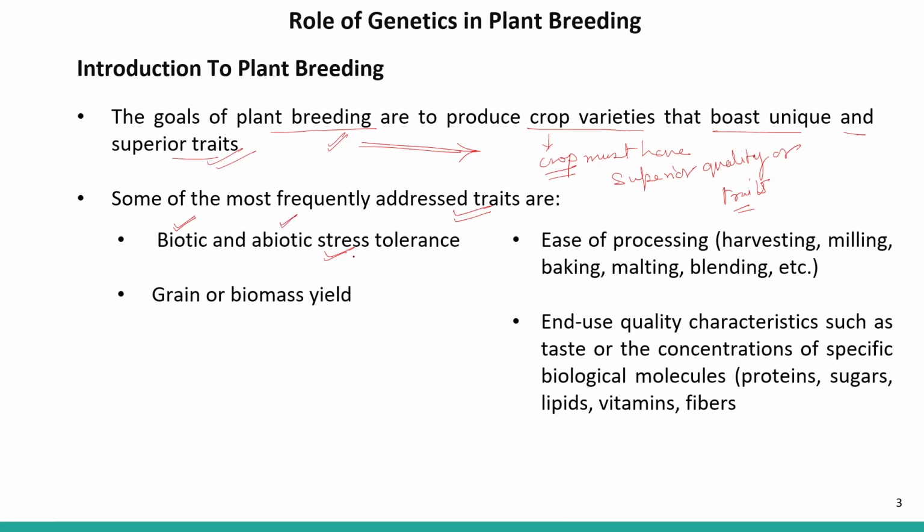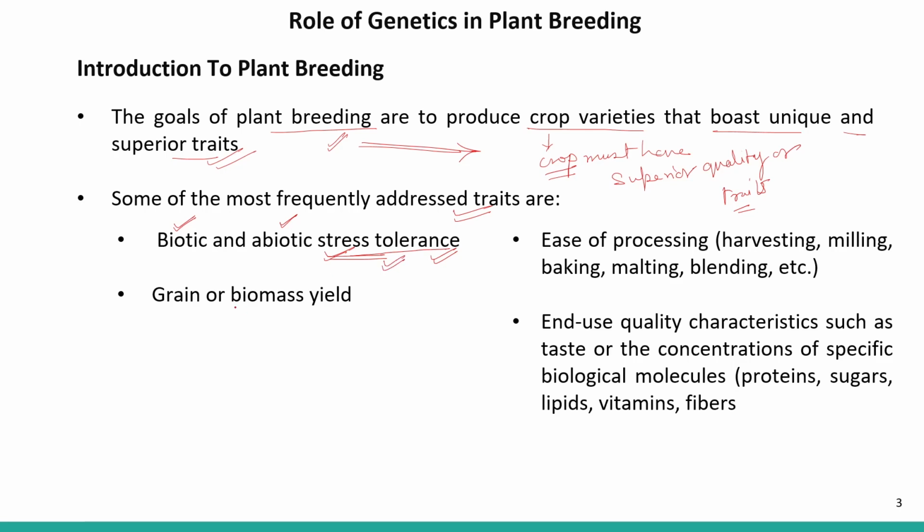So we must have a crop that is stress tolerant, that can tolerate that particular stress given by biotic as well as abiotic factors, right? So plant breeding is a technique that creates a crop with superior traits and that can tolerate the stress.